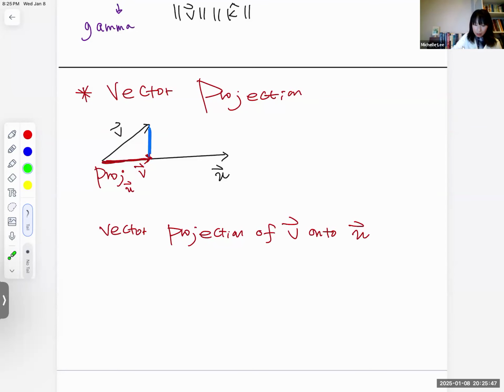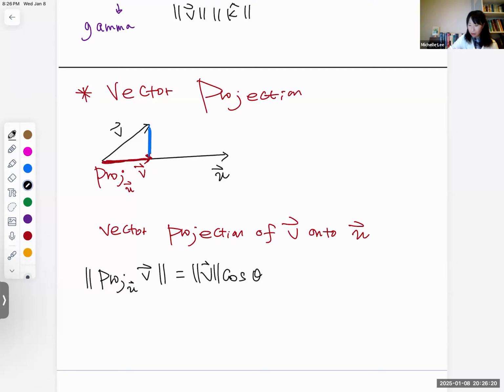So the magnitude of the projection of vector V onto U is the same as the magnitude of V times cosine theta. Why? Because we did that on the first day.